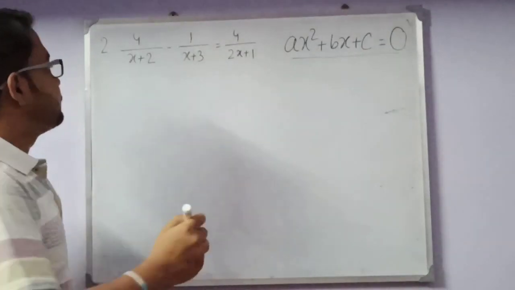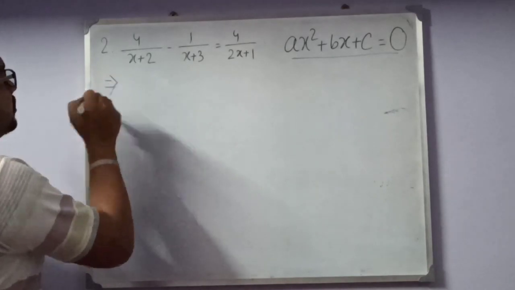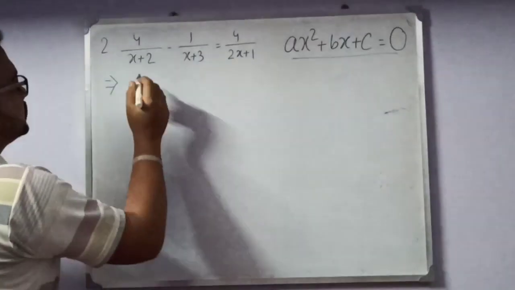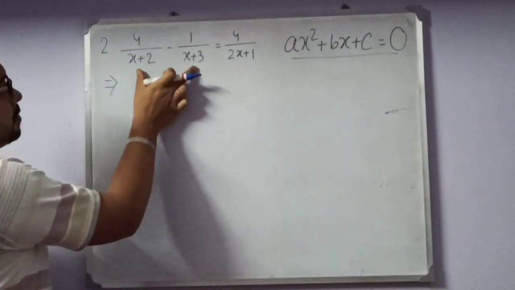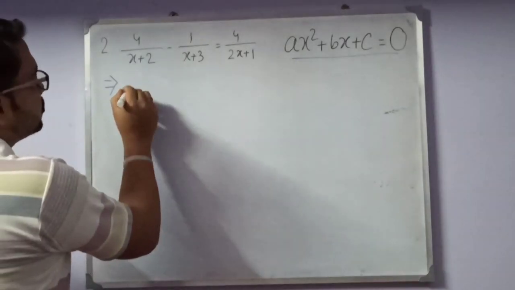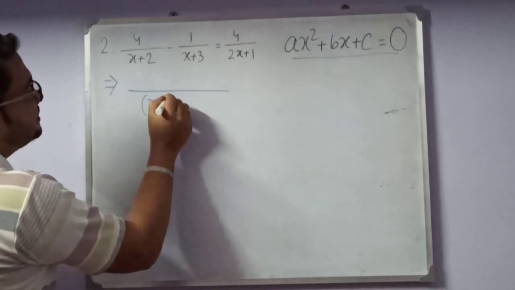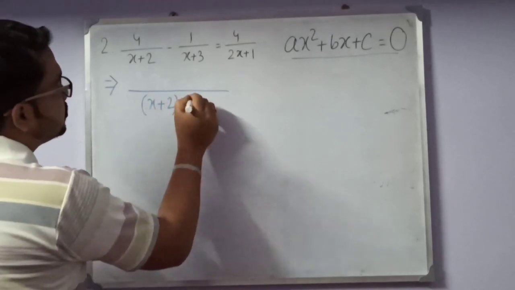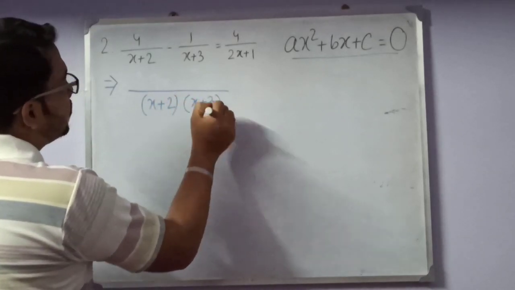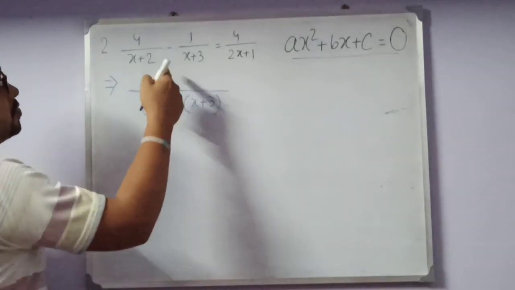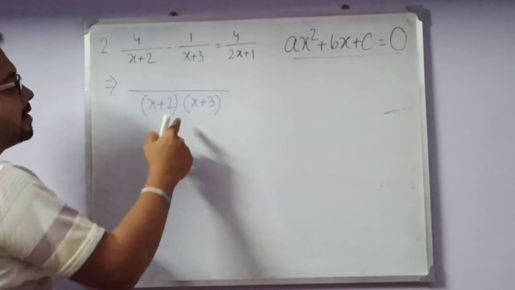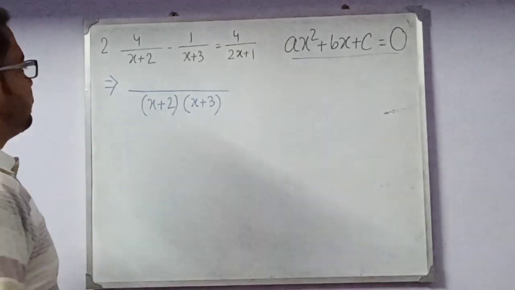Now the second one. See it very carefully. We have these two terms as denominators, so we have to do the LCM first. For these two we get this one as my LCM.